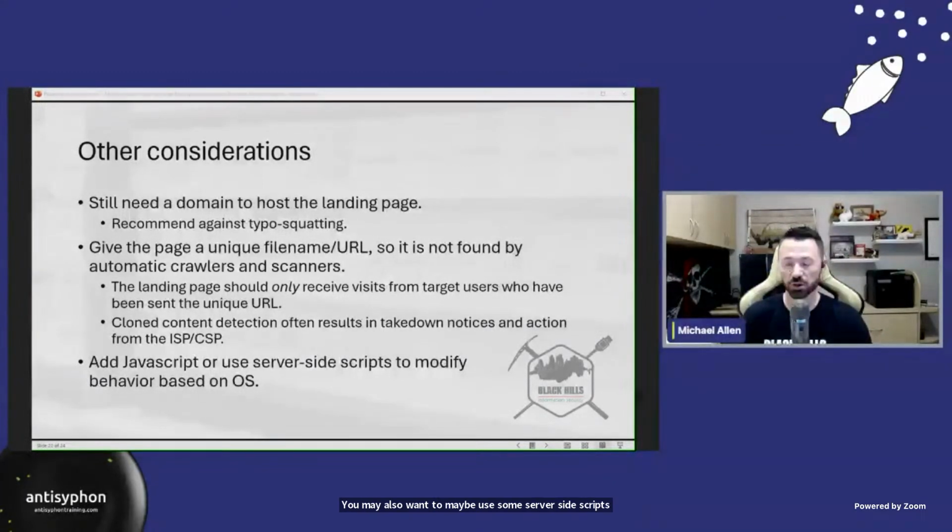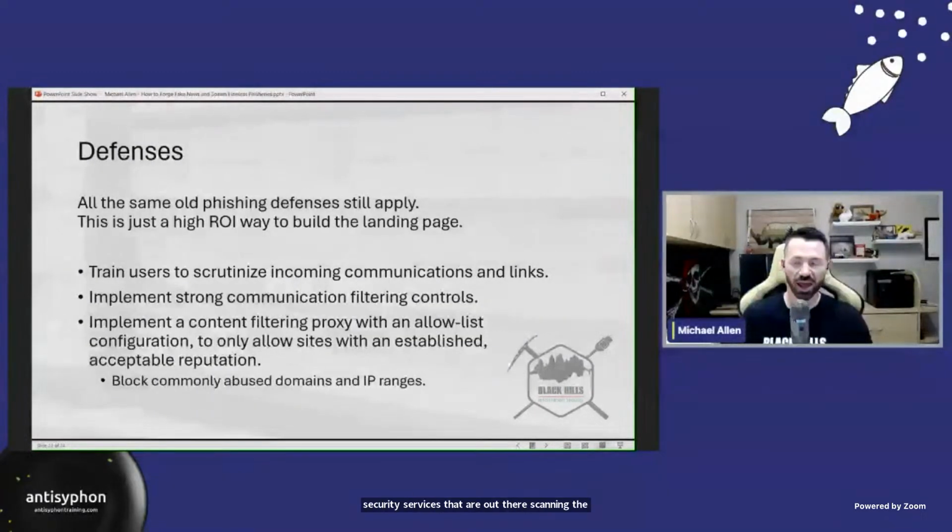If you watch the user agents that come in your log, you'll see a bunch of others that are obviously bots, and you can filter for those. You can also filter for IP address ranges of those security services that are out there scanning the internet for phishing pages.